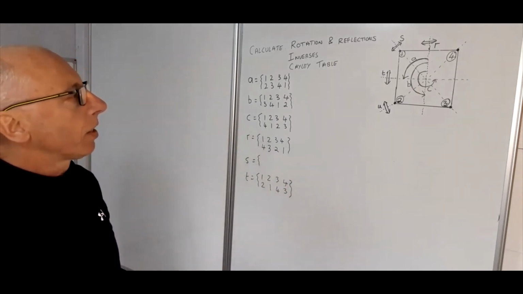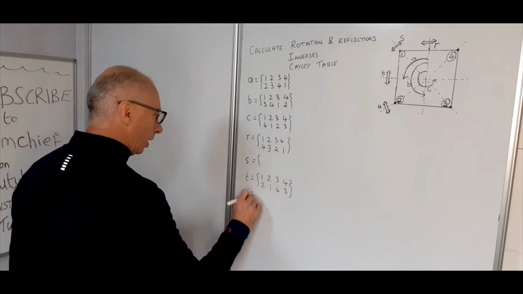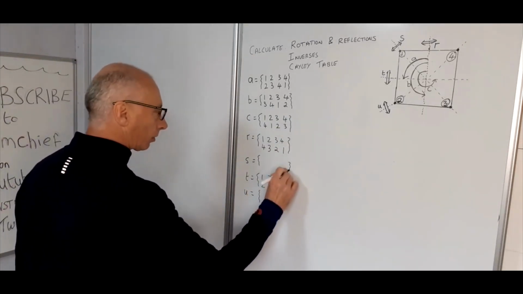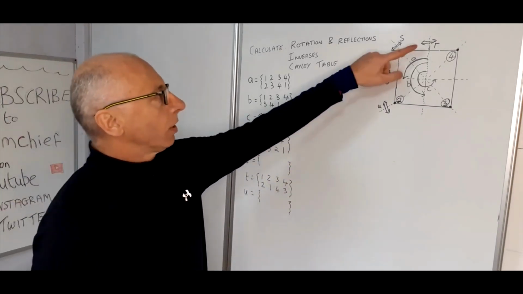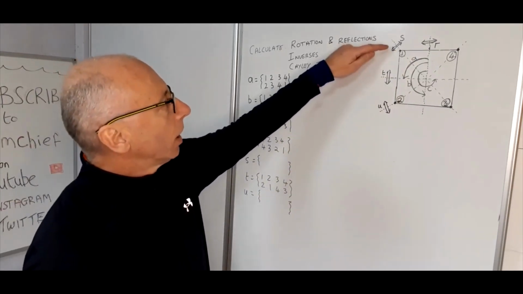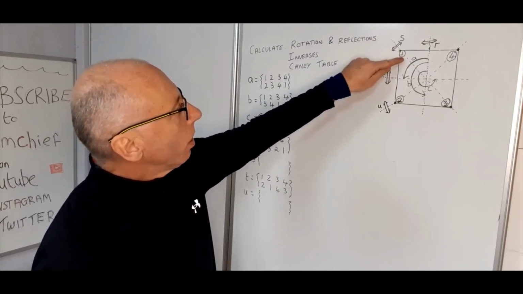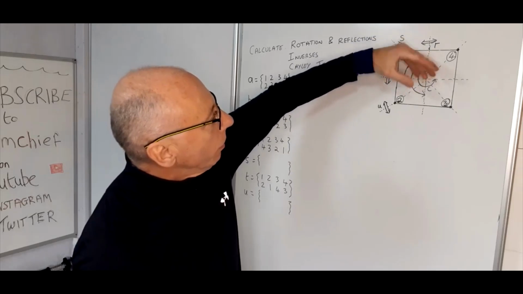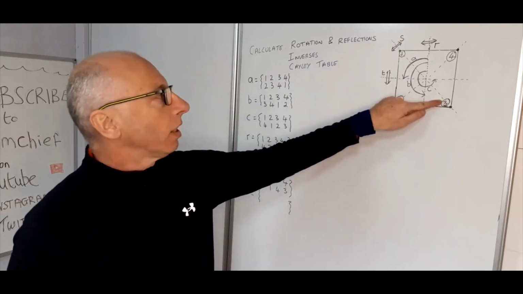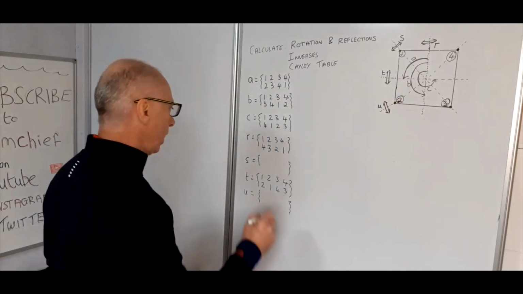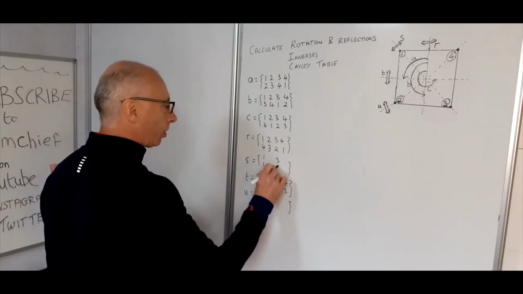Okay, so now we're going to look at S and U. Let's just write the U in here as well. Now these are slightly different to the T and the R reflections. The S one here is going to be flipped over this axis here. So the 1 and the 3 aren't going to change places on the S. 1 will stay at 1 and 3 will stay at 3.